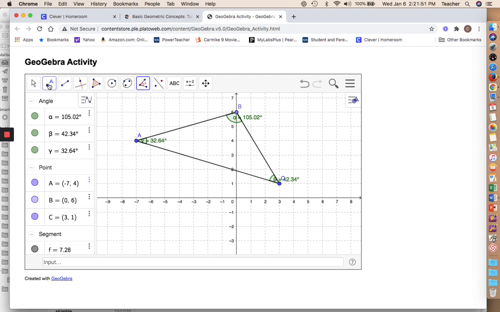And if for some reason you can't see it, you can always come over here to this arrow and click move. And then just grab that and kind of move it out to the side so you can see what it is. All right, so angle A, 32.64.